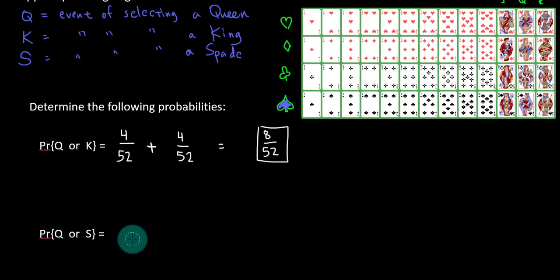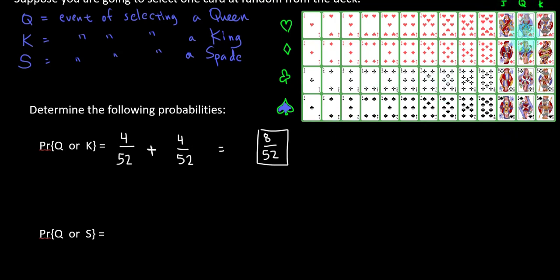Moving on to the next probability to determine here. This time we want the probability of selecting a queen or a spade. So looking back at our sample space here, we know that there are 4 queens that I'm going to try to highlight in blue here. And there are also how many spades? Well, we know a quarter of the deck are spades.